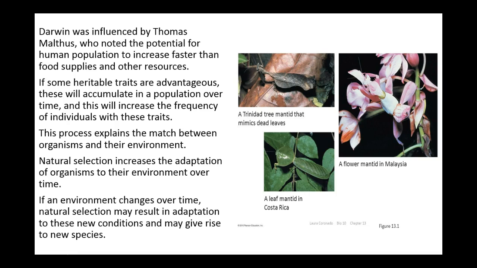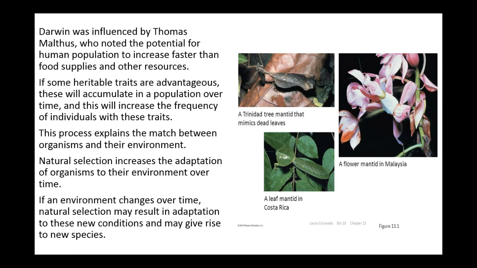So what happens is these bugs are camouflaging themselves because they don't want birds to eat them. Birds tend to see patterns. And each of them are so highly adapted to their environment that they have actually blended in with their environment. This happens over time.